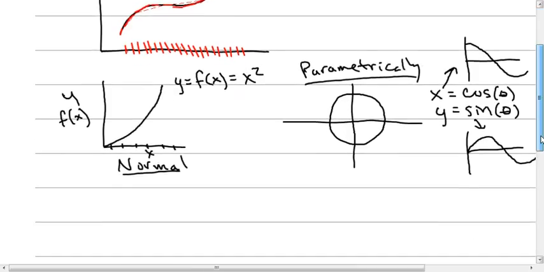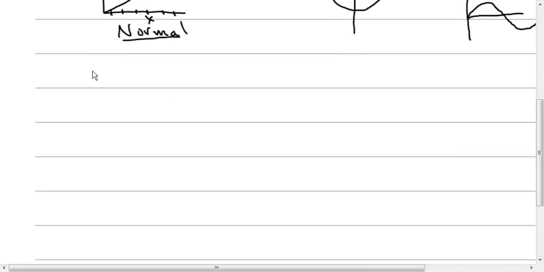Okay then, let's take a look at a parametrically defined function where we have some kind of equation for the x value and the y value, and we're going to plot them out here, and the curve looks something like this, for instance. And let's imagine that we have a point here and a point here.